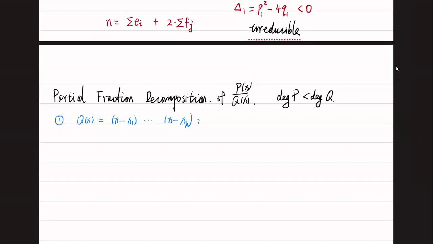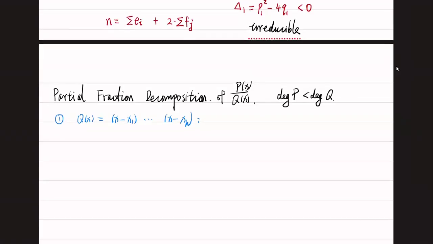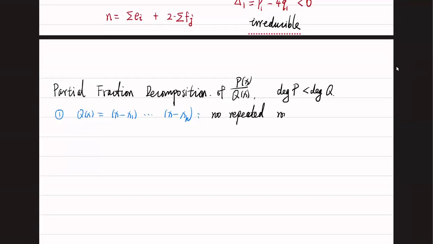There are no repeated roots and no irreducible quadratic factors. In this case, the rational function can be written as a sum of simple fractions.